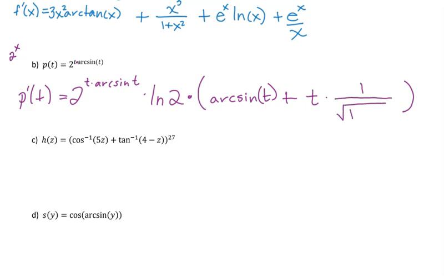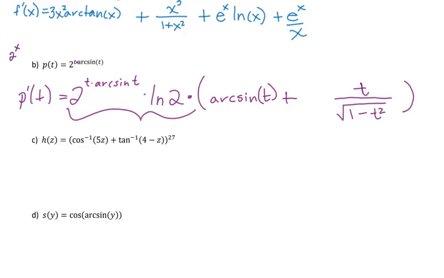It's 1 over the square root of 1 minus t squared. And again, in this one, I would push that t up into the numerator, and that's about all I would do for simplify. You could distribute the 2 to the t, this whole chunk, through, but I don't think it makes it any better, so I would just leave it.